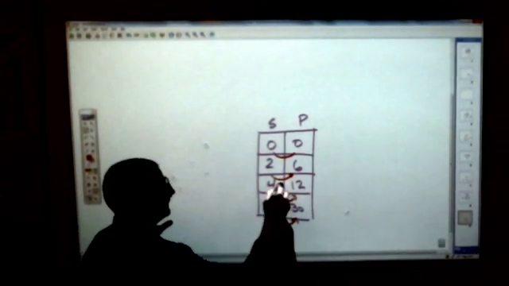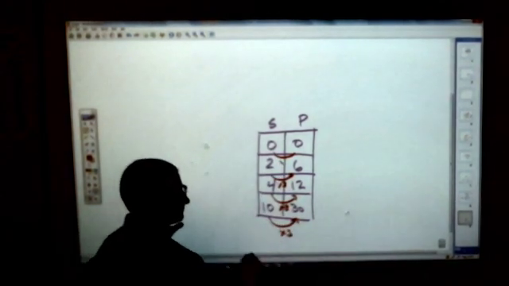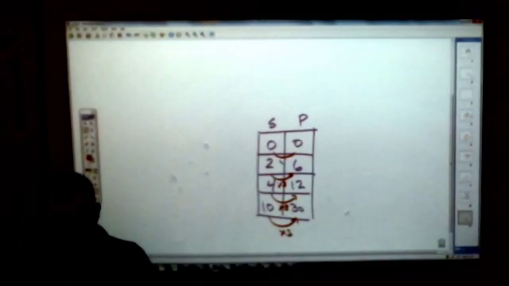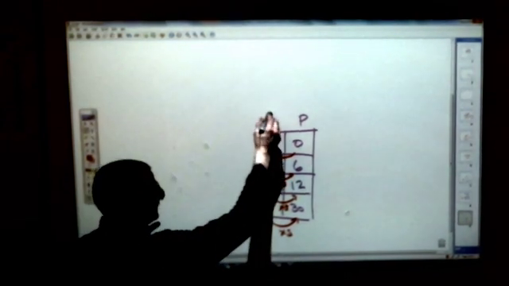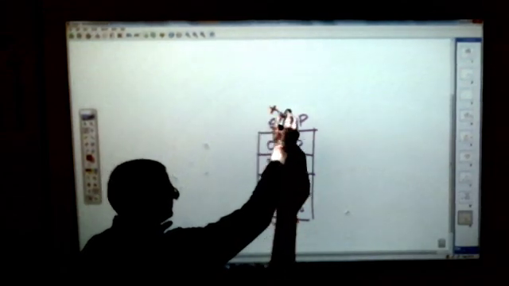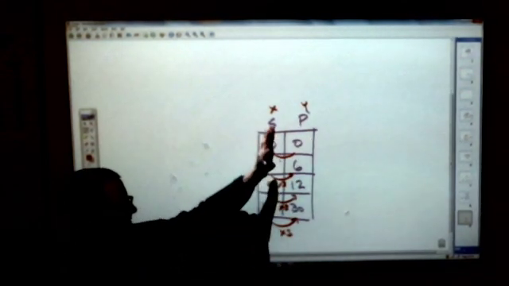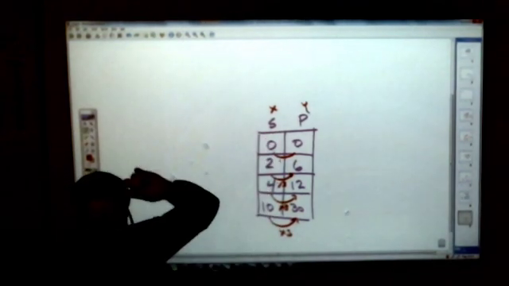So it asks you for the equation. Which one of these is the dependent variable, which one is the independent variable? Again, instead of S's and P's, we usually use X and Y. Y depends on what X is. What would the equation be for this?